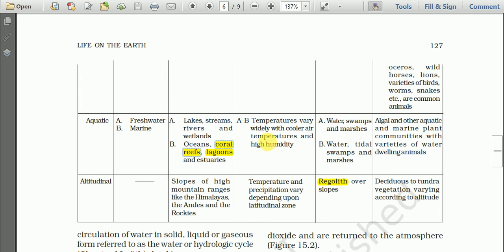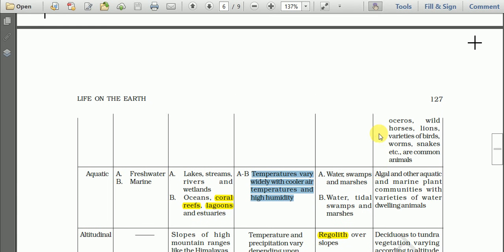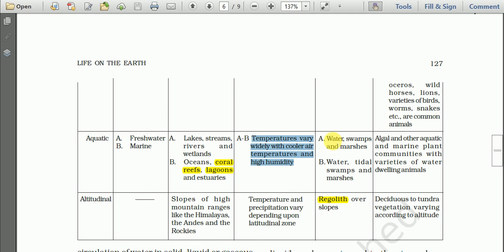Then about the temperature and rainfall condition, temperatures vary widely with cooler air temperatures and high humidity. For the soil condition, for the freshwater, we have swamps and marshes, wetlands.